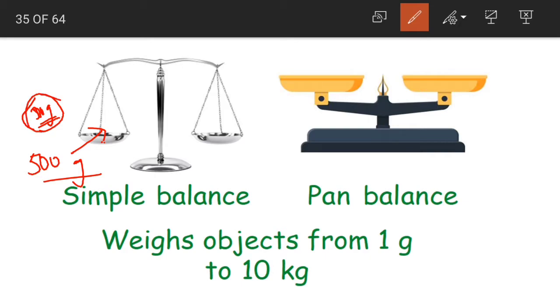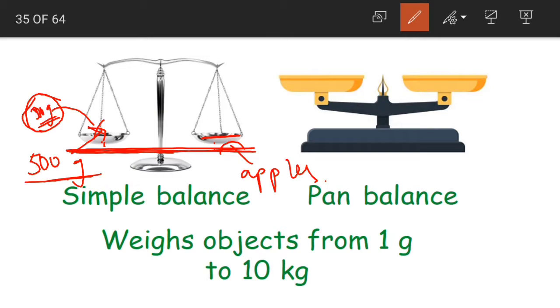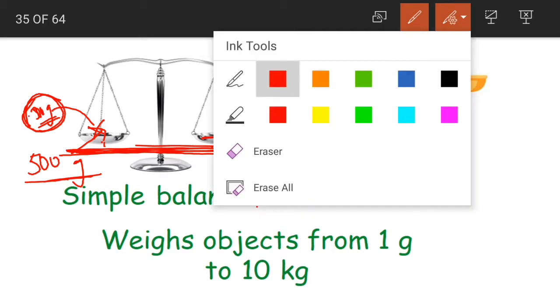Depending on that, now I want 500 grams, so I'll place 500 grams in this plate, and in the other plate they'll place apples. When both these plates are in a straight line, when they both are balanced, it means that the weight of apples here is equal to 500 grams.